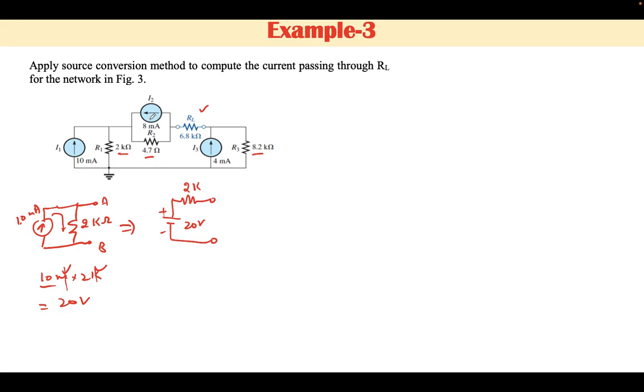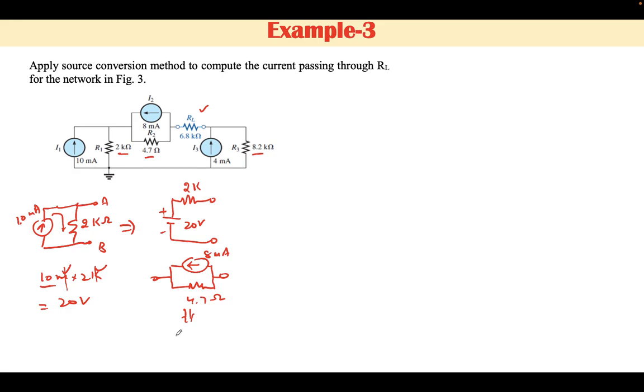Similarly, this particular source can be converted to an equivalent voltage source, taking out this source across terminal A and B. Here it is the current source. This parallel resistance is the internal resistance of this source. The magnitude of this current source is 8 milliampere, and this resistance is 4.7 ohm. Now considering the same network, this can be represented equivalent to 8 milliampere into 4.7.